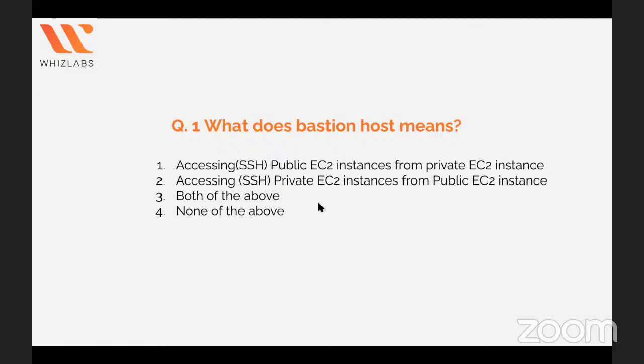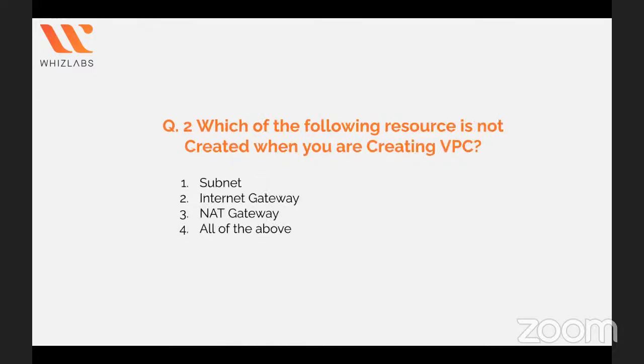Okay, so we'll now switch to the next question. Which of the following resources is not created when you are creating a VPC? Alongside a VPC, there are a few resources which are created and a few which are not created.